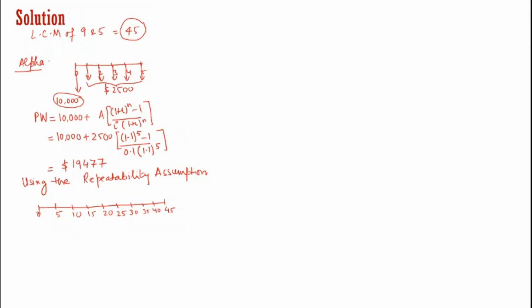So every time, we have already calculated 19477. For the next 5 to 10 years, this will be at the end of 5 years. Again, the value will be the same. Similarly, another present worth will be at 10, and this keeps on repeating, and the last transaction of the same amount will be at the end of year 40. Of course, these end of years are not continuous, there is a break.